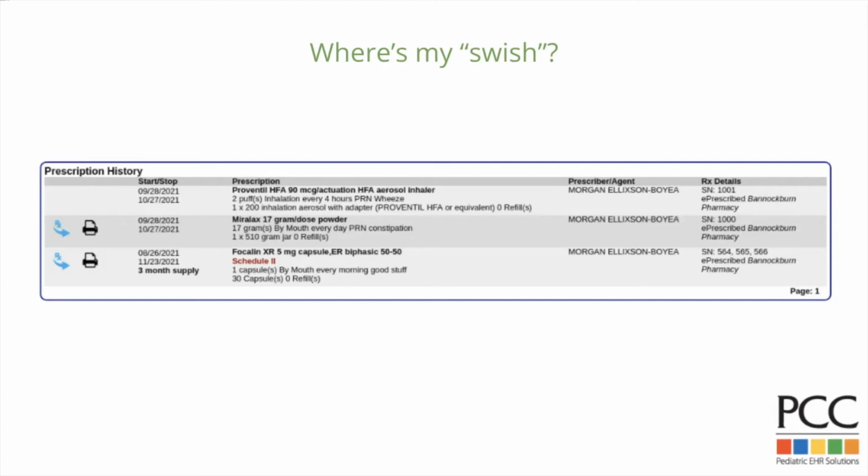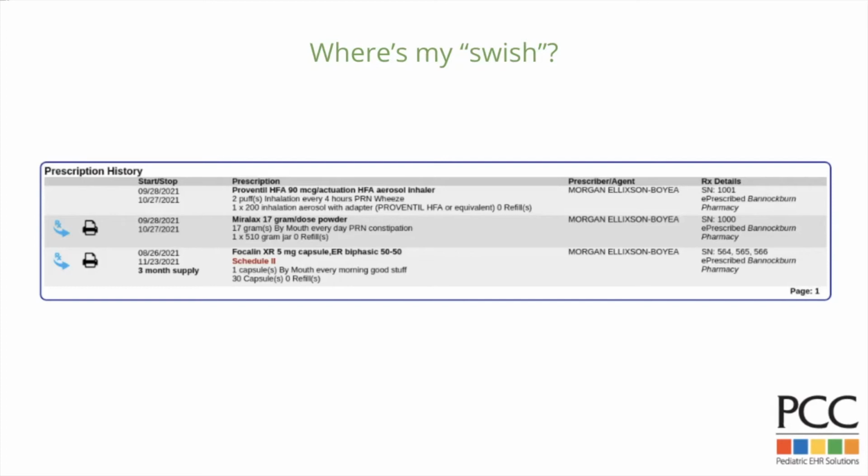And if you were to enter into PCC ERX in the context of the visit from 6 months ago, you're not going to see the swish if you're trying to prescribe from within the visit in which you originally wrote it, which makes sense the day of, right? If you just wrote it today, you're not going to need to renew it today, but sometimes what happens is you're in the old chart. So just make sure that you're in the current encounter for today, whether that's the visit, the phone note, portal message, or things like that.